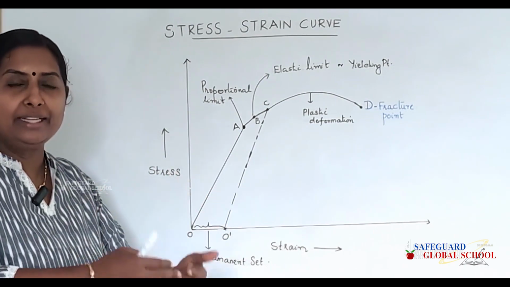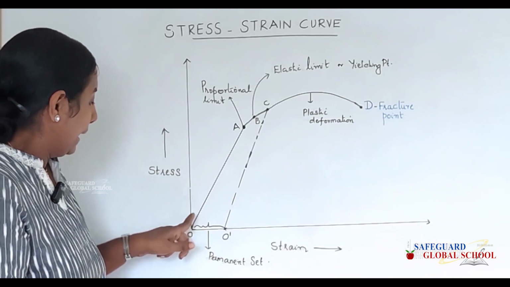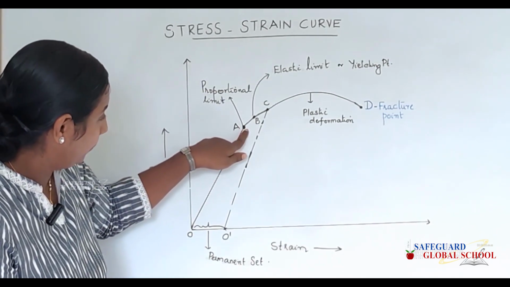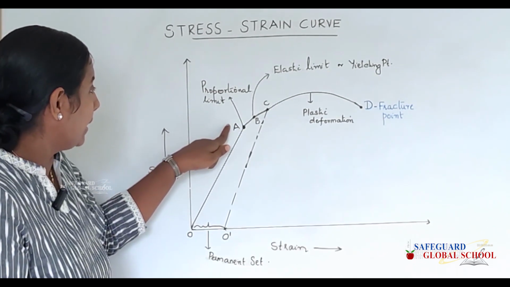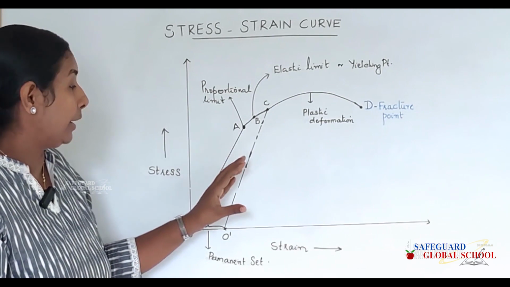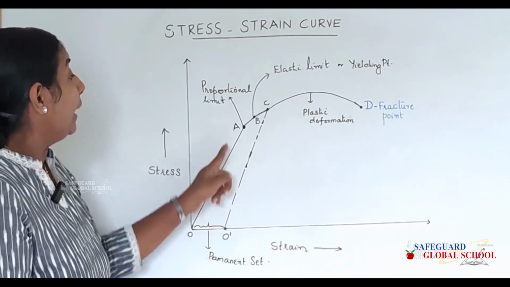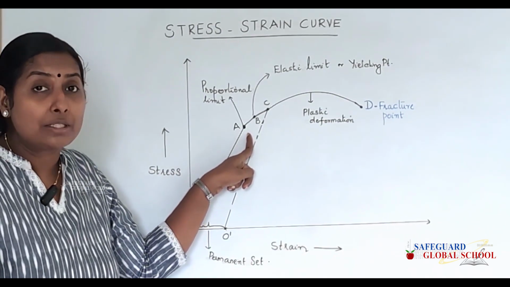Whatever stress is applied, stress is directly proportional to strain. That's why we get a straight region till OA. So, till A, when the stress is increased, the proportional relation between the stress and the strain is maintained. So, the point A is called the proportional limit.